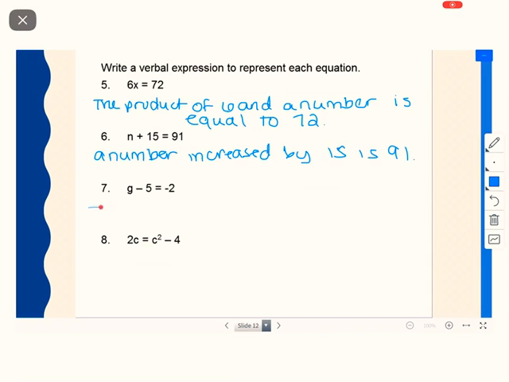You could say the difference of a number and, meaning the minus sign, the difference of a number and 5 is -2.